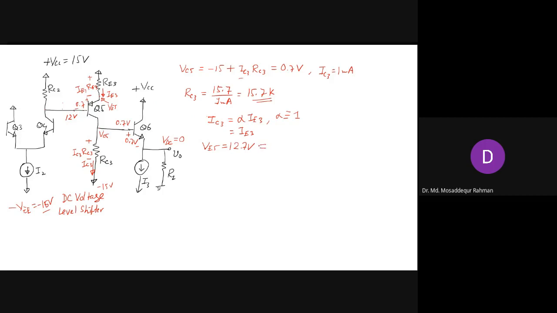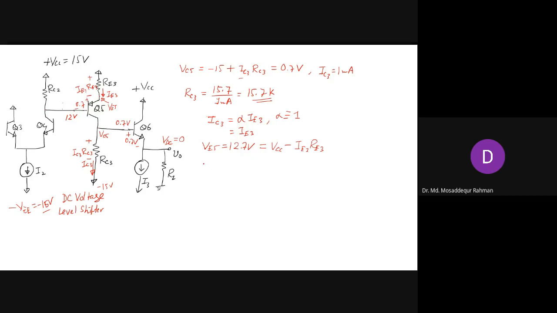And if you track the voltage from the supply voltage VCC, that will be VCC minus IE3 RE3, right? From IE3 we have already determined that it should be 1 milliampere.